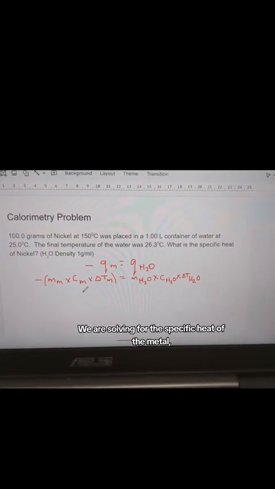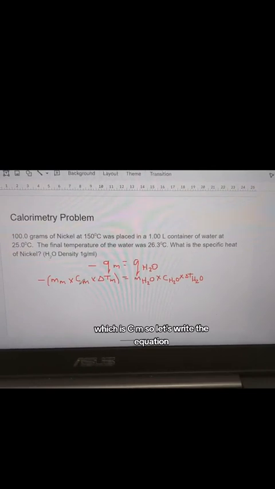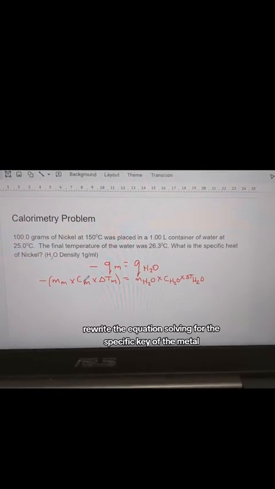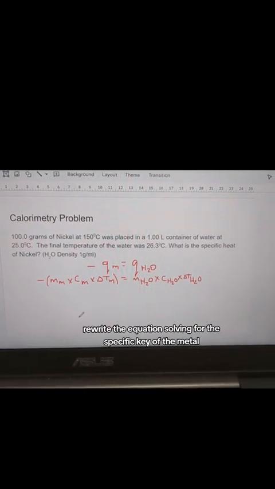We are solving for the specific heat of the metal, which is Cm. So let's rewrite the equation solving for the specific heat of the metal.